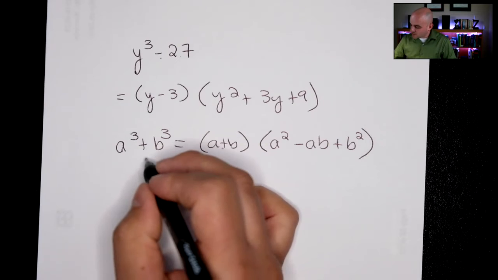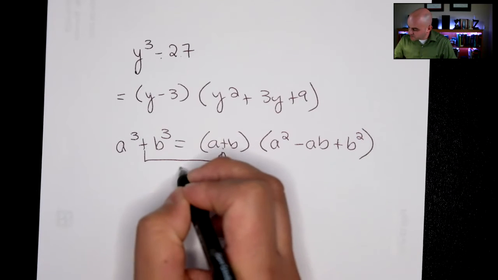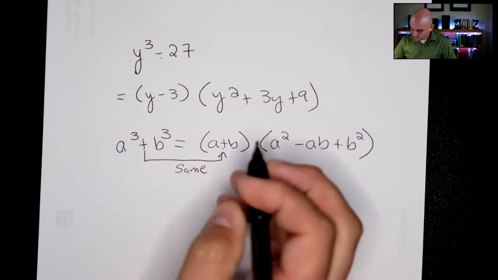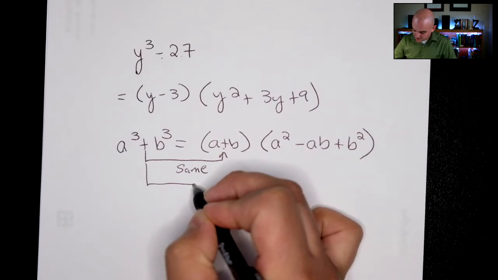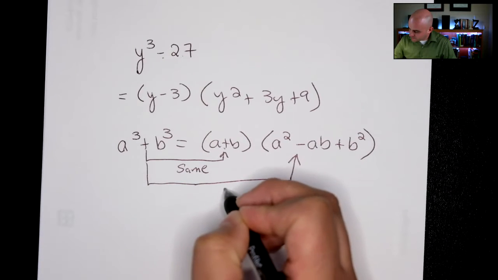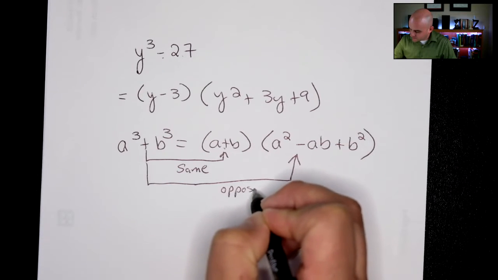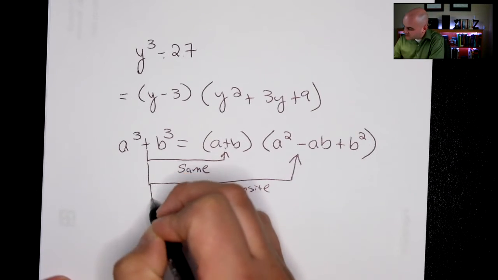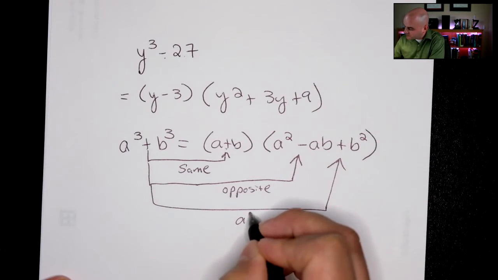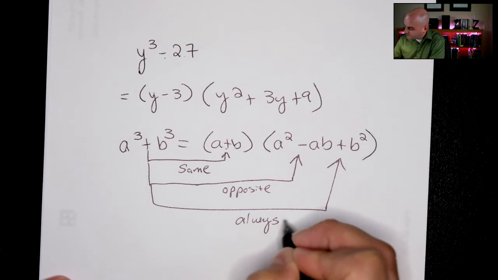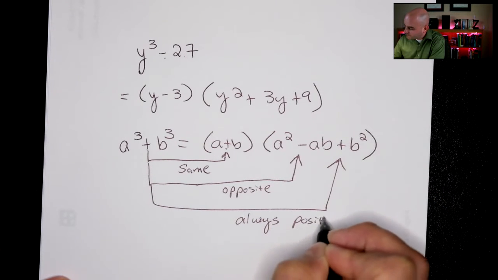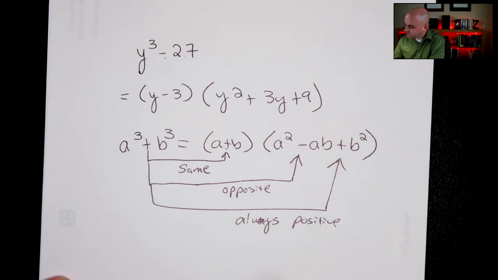And so a lot of you might remember that this is the same sign. This is the opposite sign over here. And then this one right here is always positive. So they say same, opposite, always positive.